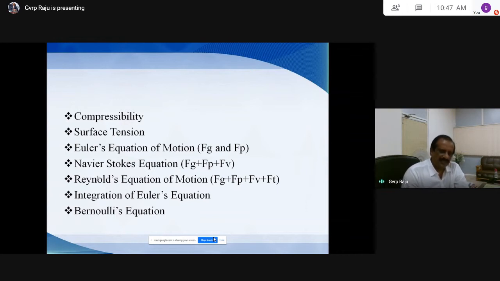And we have three important equations: Euler's equation of motion, Navier-Stokes equation, and Reynolds equation of motion. Euler's equation of motion is important, and it is included in the syllabus.